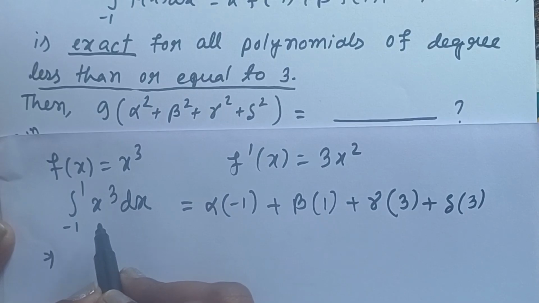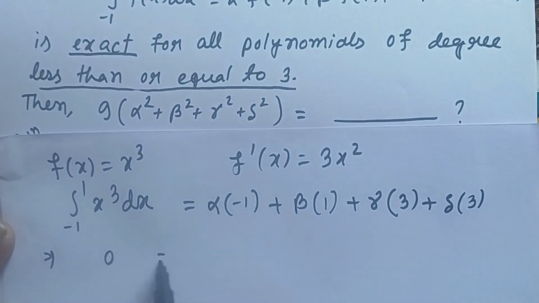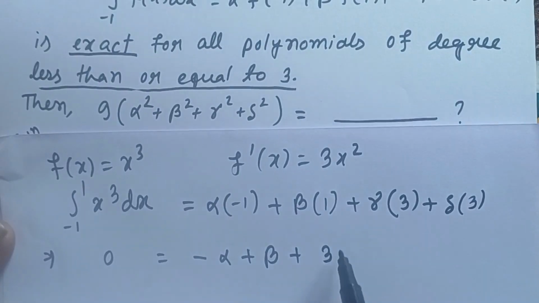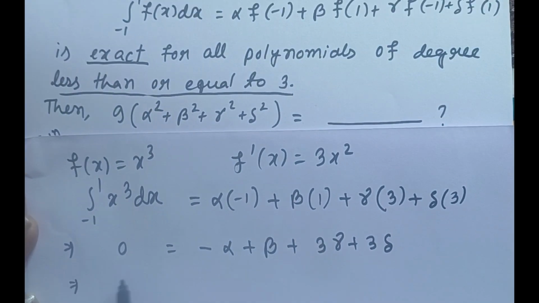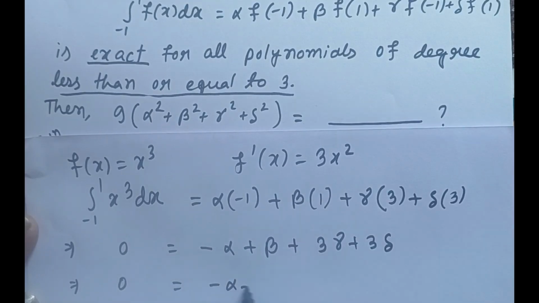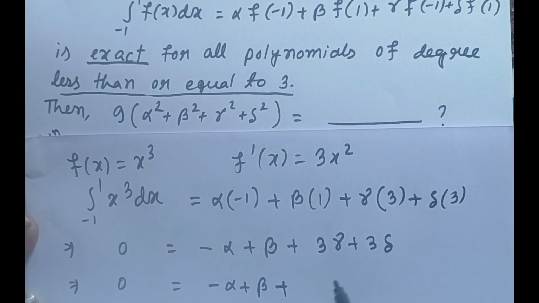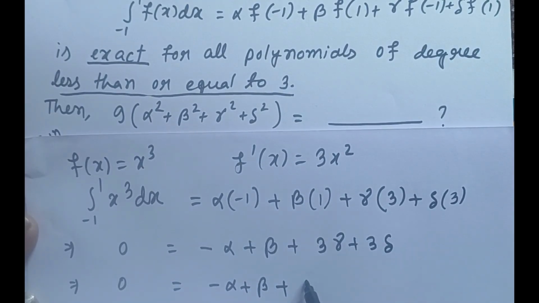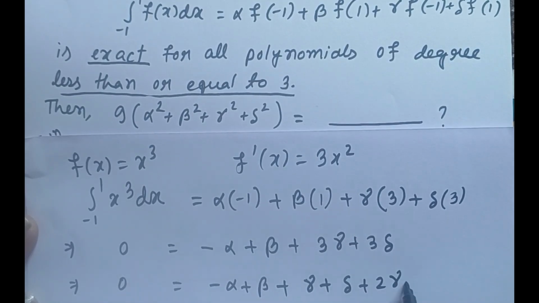Since x cube is an odd function, the LHS will be 0 and the RHS will be minus alpha plus beta plus 3 gamma plus 3 delta. Now we will write the RHS as minus alpha plus beta plus gamma plus delta, and the remaining plus 2 gamma and plus 2 delta.